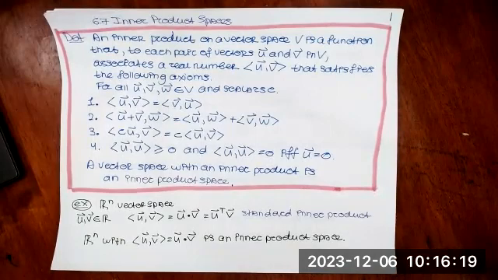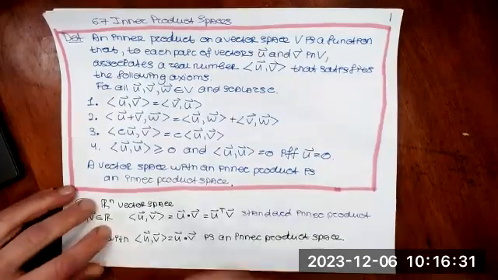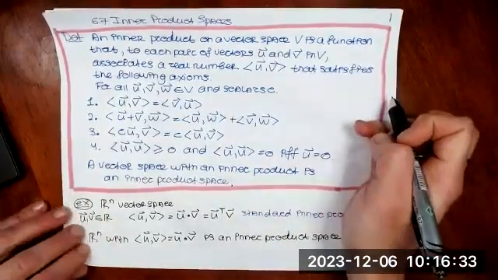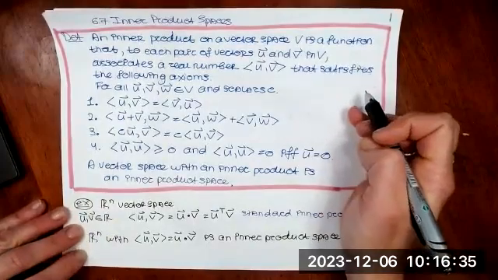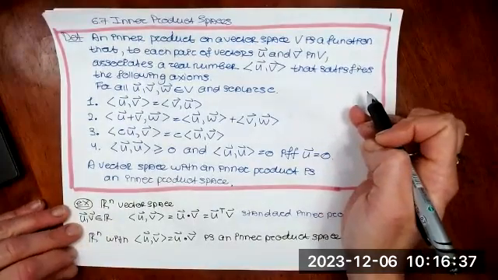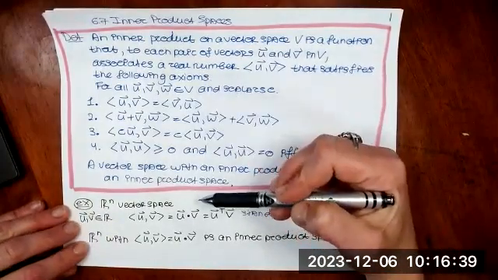It's a function that operates on a pair of vectors in the vector space, and it associates a real number to a pair of vectors. For it to be an inner product, it just has to satisfy those 4 axioms.